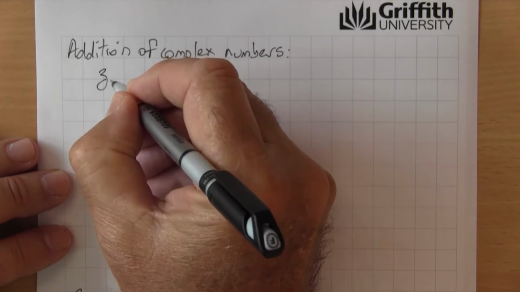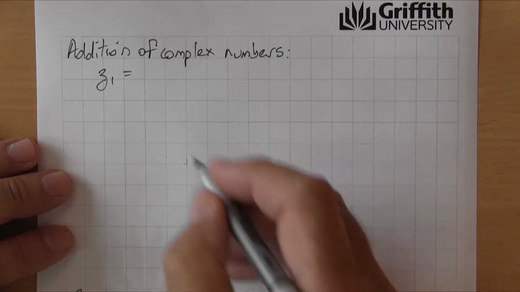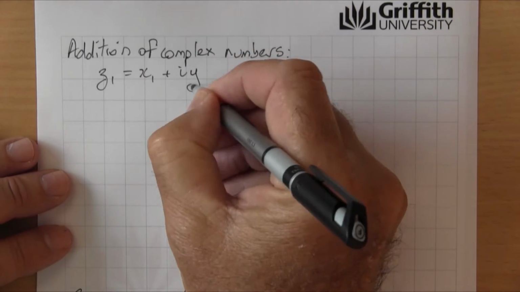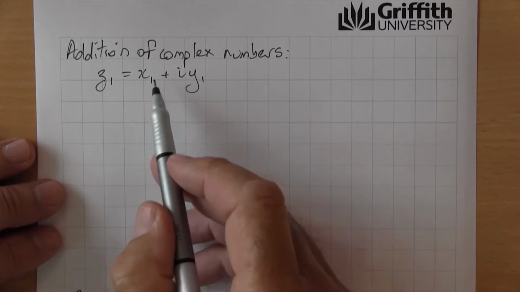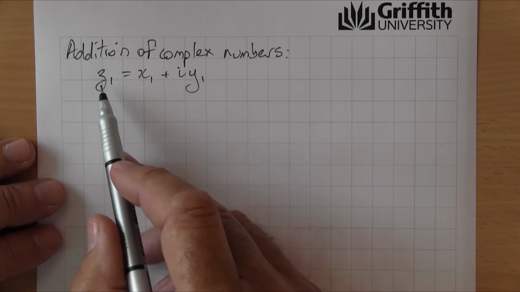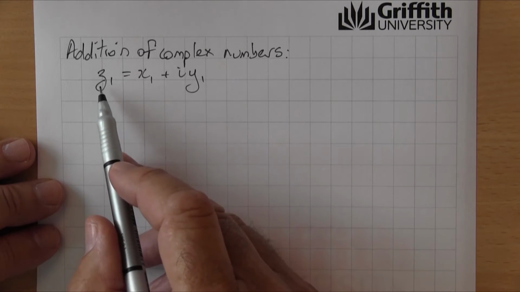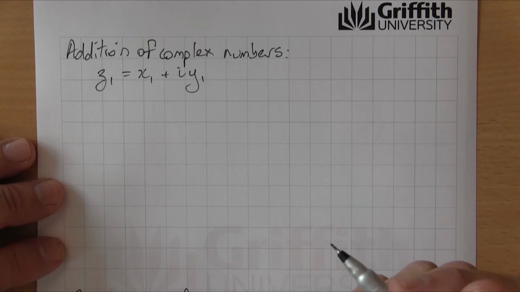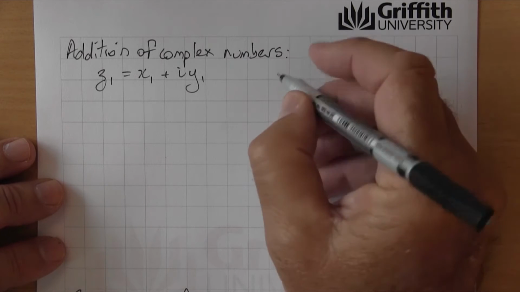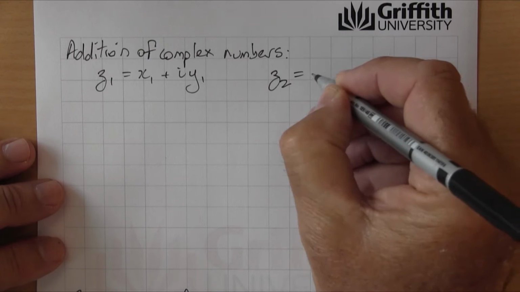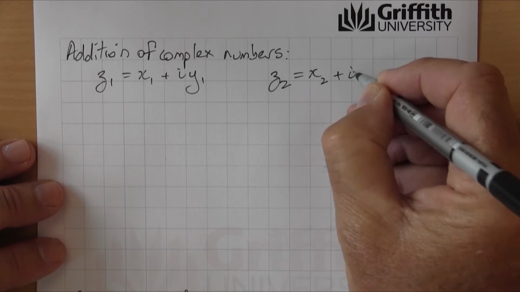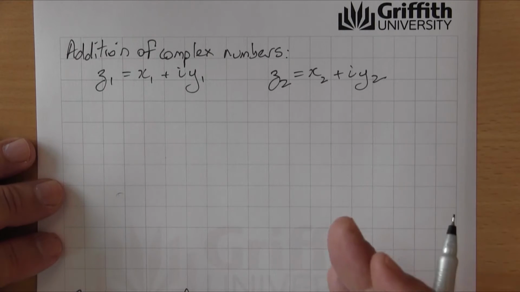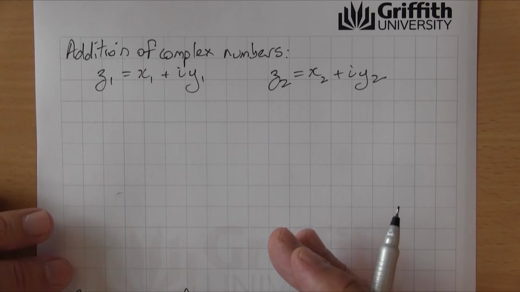So if Z1 is one of our complex numbers, and it's made up of the real part plus an imaginary part, we'll use subscripts to denote that x1 is the real part of complex number Z1, y1 is the imaginary part of complex number Z1, and the other complex number, which is Z2, logically is x2 plus i y2. So we need to come up with a definition of how we go about adding these two complex numbers together.